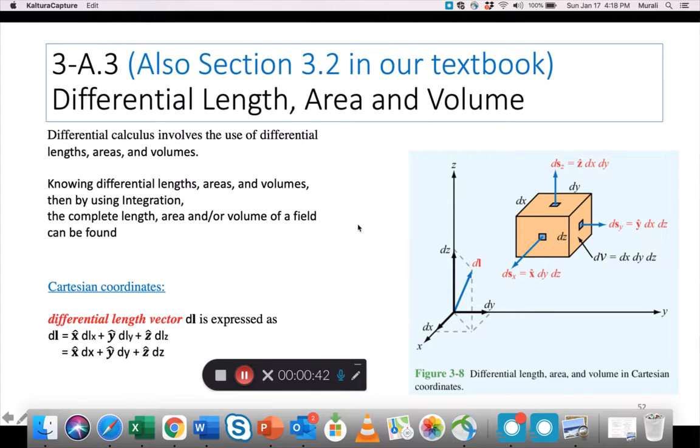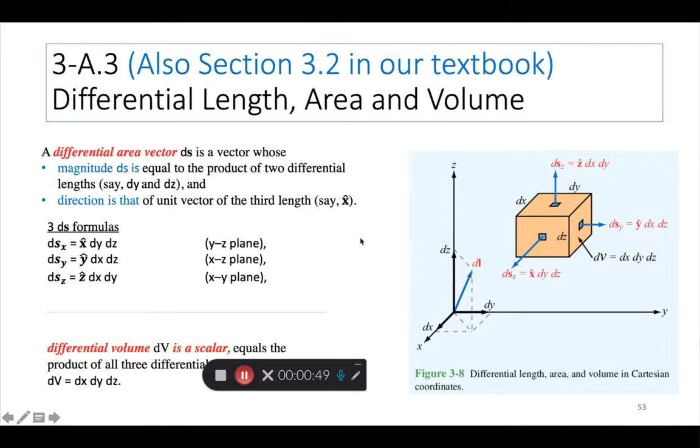We defined differential length, and then we defined differential area, surface area and differential volume, and for each of these we saw formulas on how to set these equations up, and then I promised you that we would integrate to find the length or the area or the volume of a certain surface or object.